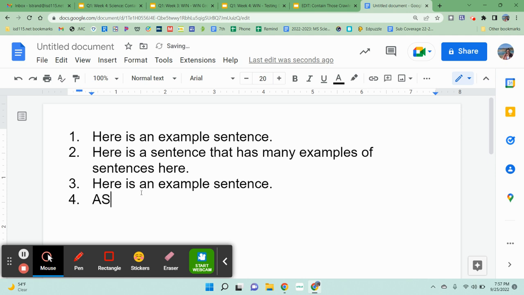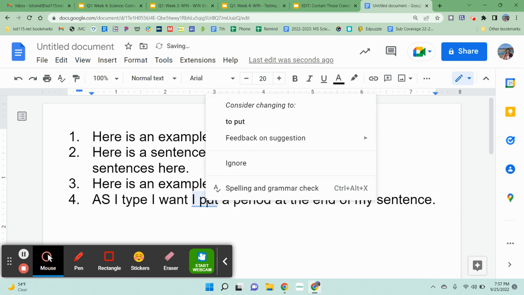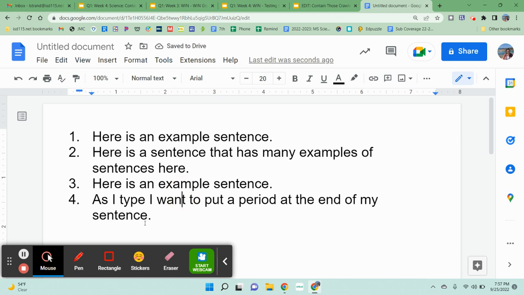So as I type, I want to make sure that I put a period at the end of my sentence. Because if I don't, it's not going to catch some of these things. But as soon as I do, it will catch some of these things. And I can go back and check them if I need to. But you really need that period at the end.